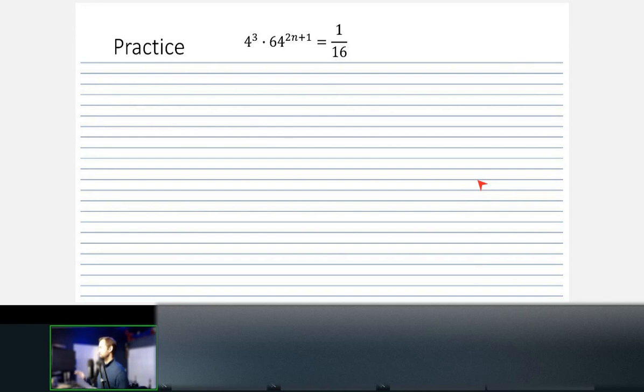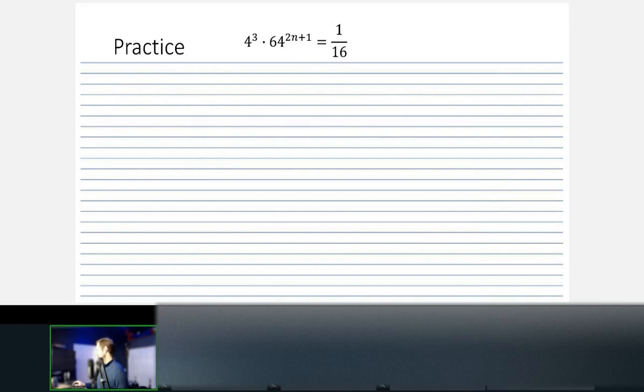So if you made them all become a 4, good. If you made them all become a 2, also good. It doesn't matter. All right, anybody have an answer for this one? N equals negative 4/3. Yeah, maybe. Let's find out.